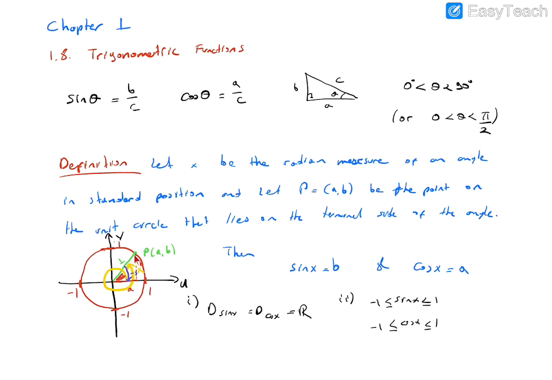From this triangle, by using the Pythagoras theorem, a square plus b square equals 1, and therefore sine x square plus cosine x square is 1, because sine x is b, cosine x is a. So the third property is sine x square plus cosine x square is 1.